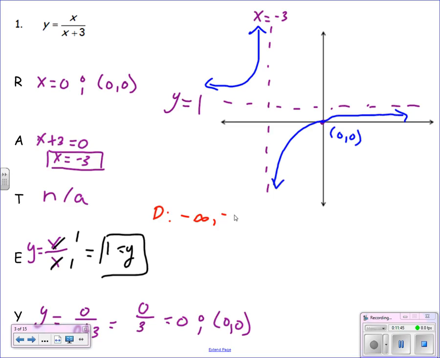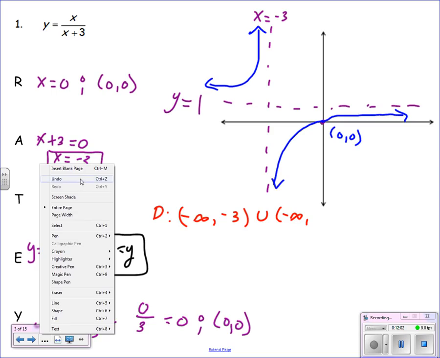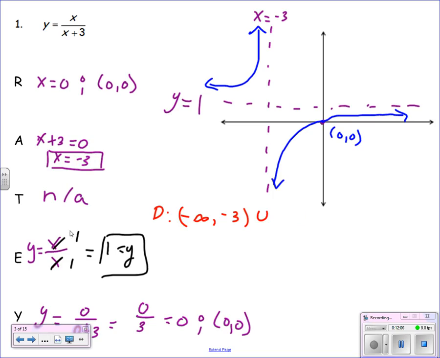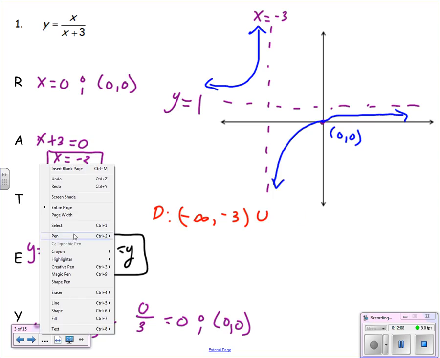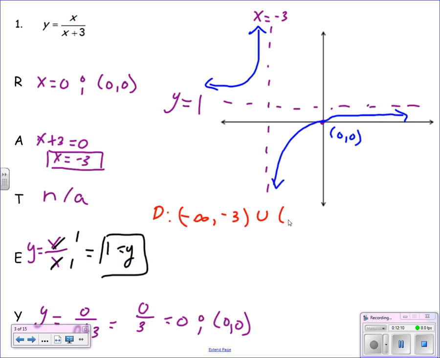So negative 3 is the number we need to use in our domain. And then it starts at negative 3, but on the other side. So we use our U for union, and then negative 3, and then if you trace the piece, it keeps going to positive infinity. I'm sorry, I wrote a negative infinity, and I should have written a negative 3. Again, it starts at negative 3 all the way to positive infinity.